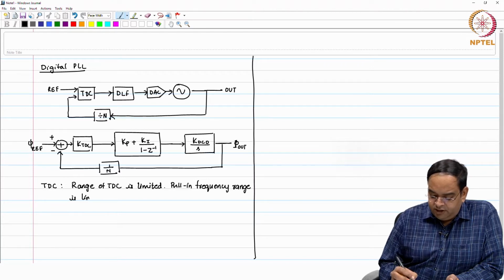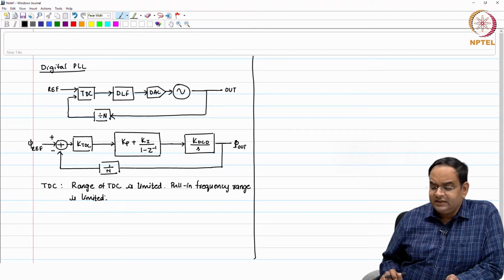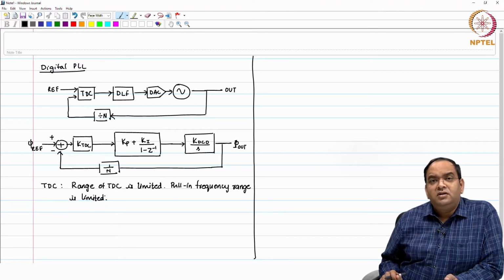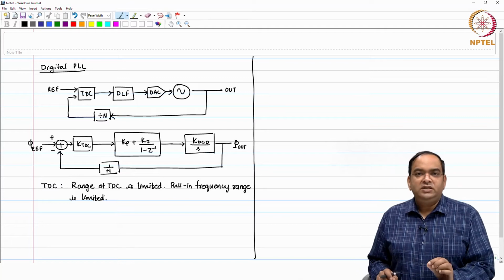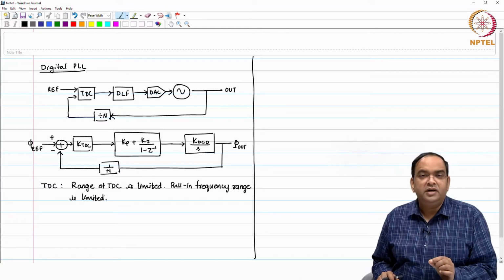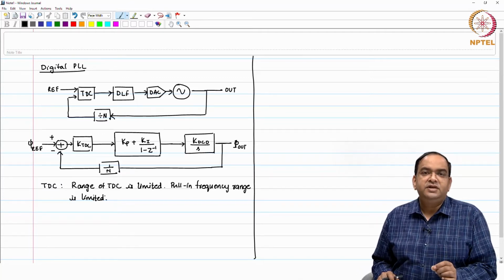Now, what stops us from extending this range? Well, at the same time we want the resolution of the TDC, or the smallest period which the TDC measures as the phase error, to be as small as possible.